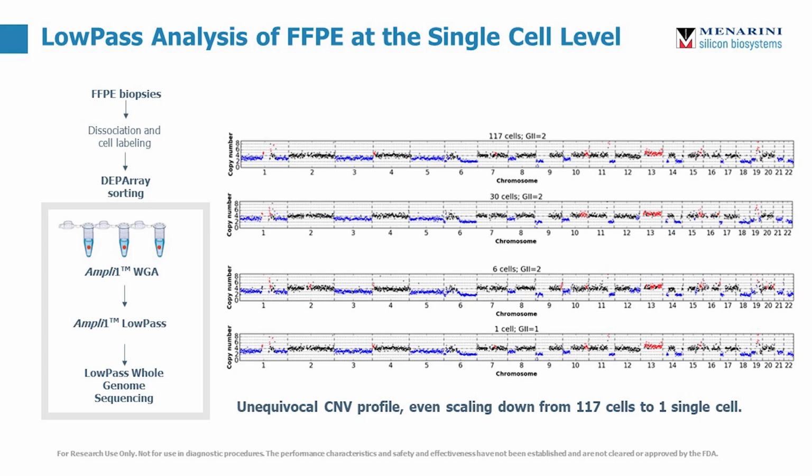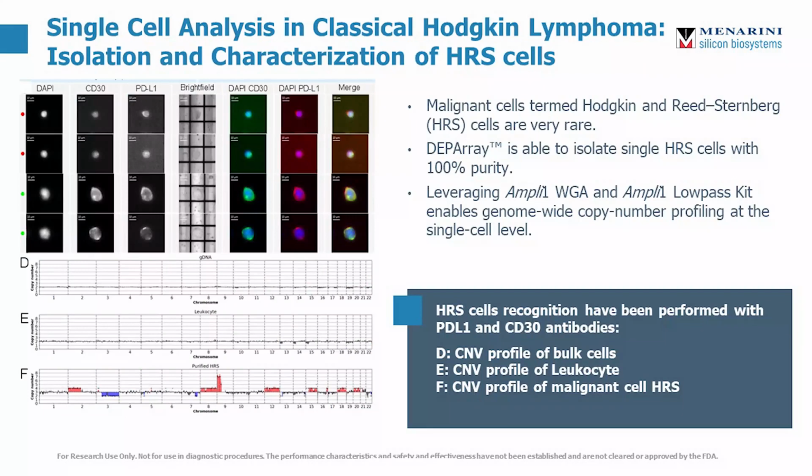What does this look like in a real-world example? Well, here's a good example of how this can be used to find extremely rare malignant cells in classical Hodgkin's lymphoma. And this is the isolation and characterization of a type of cell called a Hodgkin and a Reed-Sternberg cell. These are very, very rare cells within this particular cancer, and they're very hard to get.